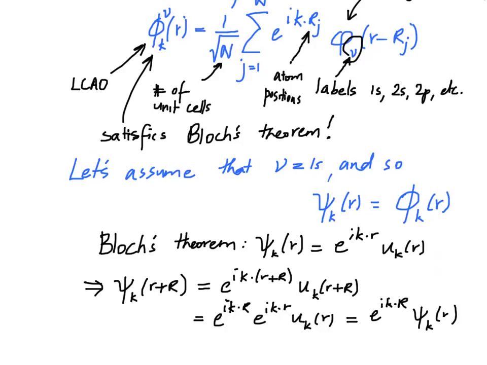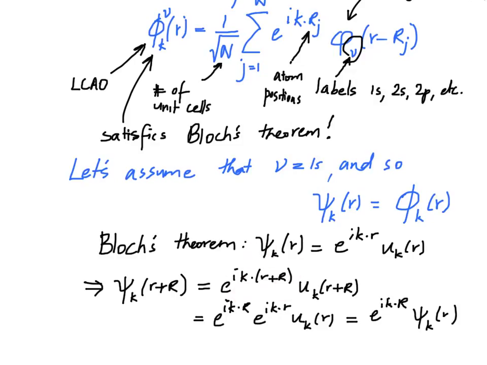Now let's consider this wave function psi k of r plus capital R, where capital R is a lattice vector, a vector that translates any lattice point to any other lattice point. So if we consider the wave function psi k of small r plus capital R, all we need to do is go back to this function and replace small r with small r plus capital R. That's exactly what we have done here. Going from here to the next step, we have just expanded the exponential.